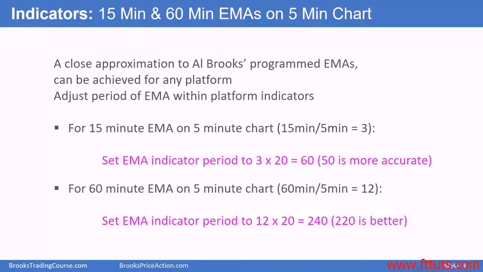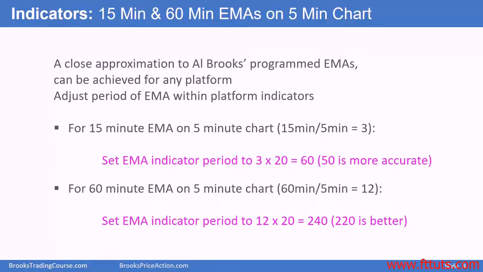Without going into the math, that number is always too high because on the 5-minute chart, you have a lot of overlapping bars, and the 60-minute chart only looks at every 12th bar on the 5-minute chart. So the number is never 240. You're actually better off using a smaller number like 220.